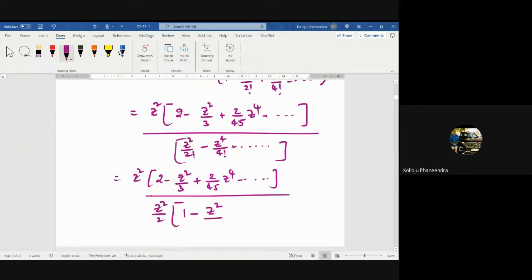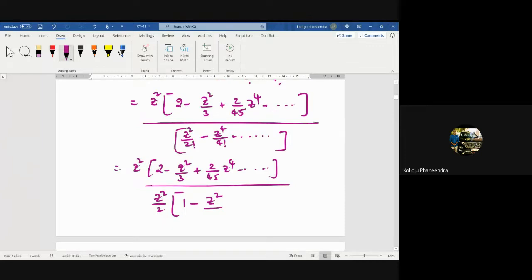Done. z square by 2 is common, then 4 3 is 12. 24 means 2 common, 12 will be there. Okay, and so on. If I want to write one more term here, z power 4 by 6 factorial, 2 common means 360 and so on.